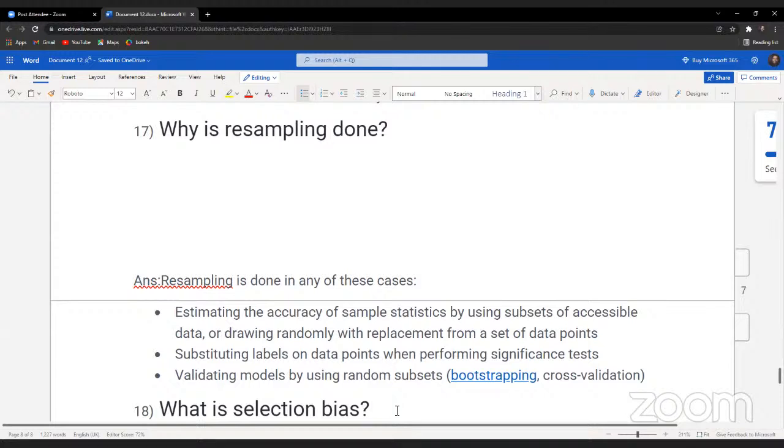Second, by substituting labels on data points when performing significance tests. And also by validating models using random subsets like bootstrapping and cross validation. By using these kinds of procedures, we have to use resampling.